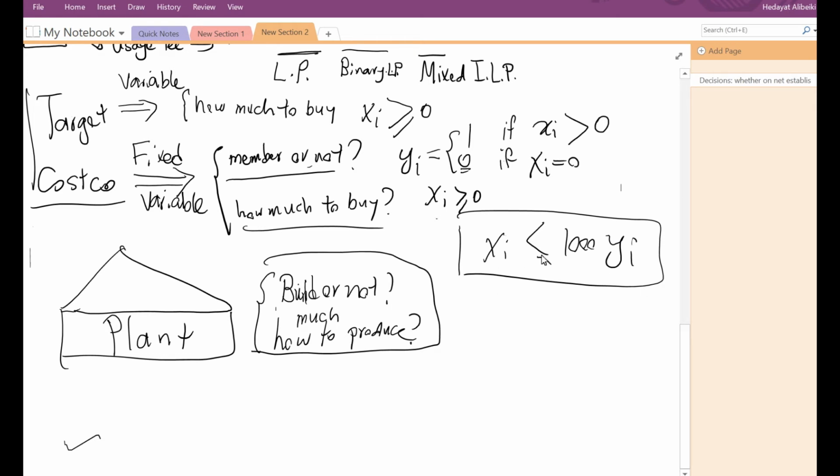So this constraint takes care of the relationship between a binary decision and a continuous decision. Whether or not to become a member, and how much to purchase, how much service to get, whether or not to build the plant, how much to produce after building.